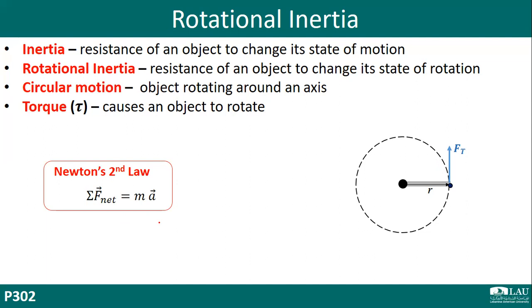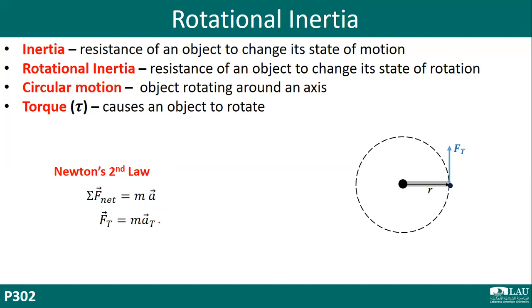So here we are going to find a rotational expression. Instead of using the linear expression, we can replace terms, because we already have a relationship between the torque and the force, and a relationship between the mass and the inertia. We'll be able to derive another expression.